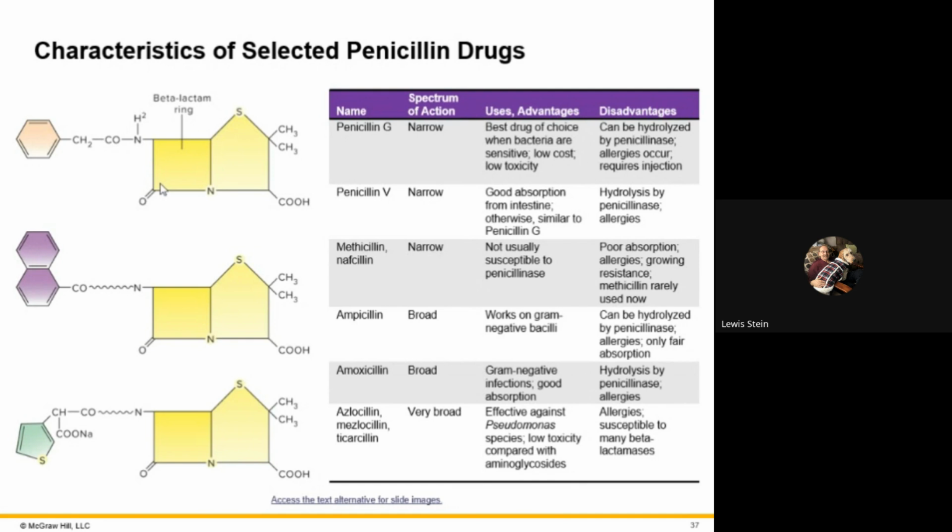So, not usually susceptible to penicillinase, so it could resist that. This had poor absorption, and now you rarely use it because the bacteria fought it again. They dealt with this unique chemical substitution and attacked that. Bacteria are pretty smart. And so now we really had a problem.